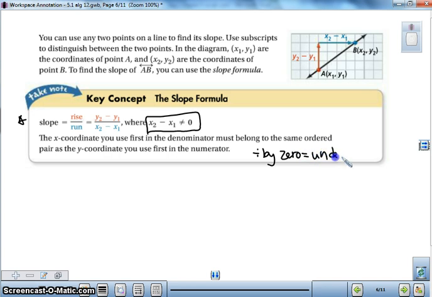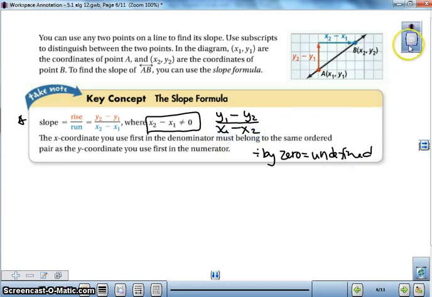Now, if you are looking at this equation, could you switch it around? Could it be y1 minus y2? You can, as long as you put x1 minus x2.